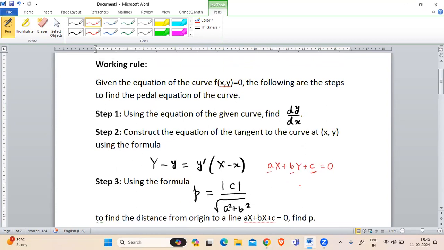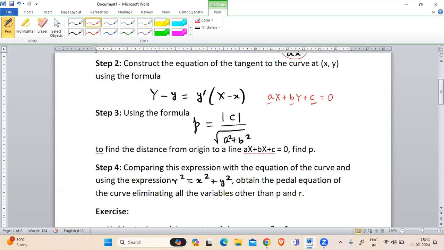So once again, I'll repeat the steps. The first step: given the equation of the curve, find out dy/dx. In the second step, substitute this dy/dx, which is y', in the equation Y - y = (dy/dx)(X - x), and rewrite it in the form aX + bY + c = 0. Then find out p using the formula |c| / sqrt(a² + b²), where c, a and b are obtained using this equation.